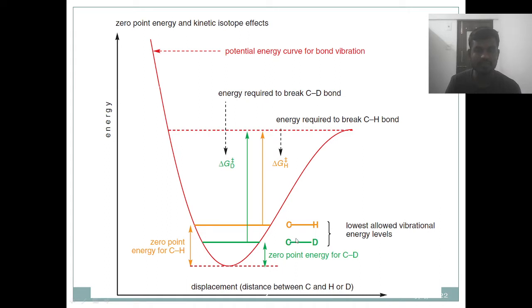So what is the consequence? The rate of the reaction in which there is a breakage of the CH bond will be high because it has a lower activation energy, whereas the corresponding rate for the CD bond breakage will be less.